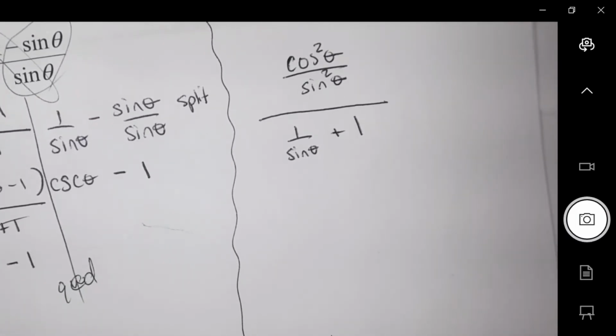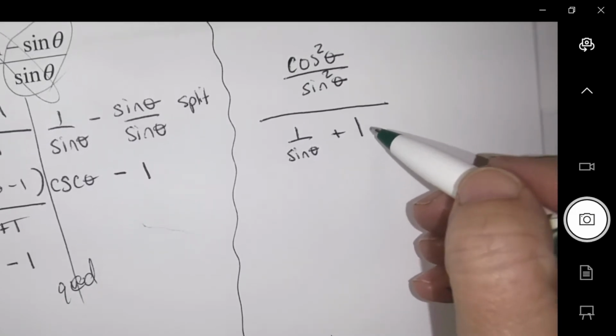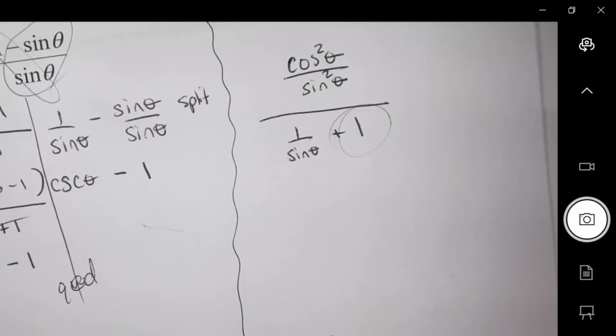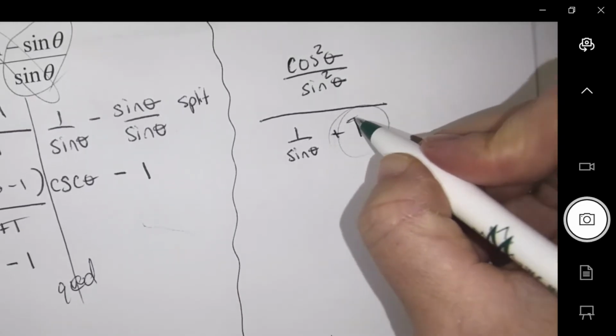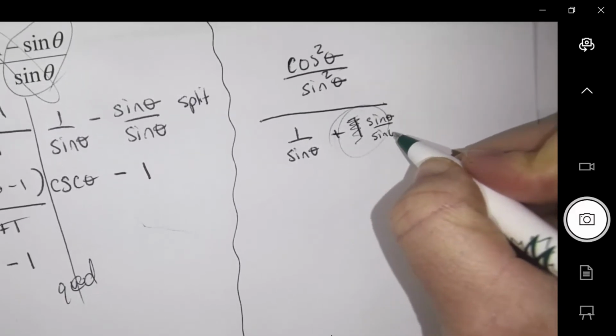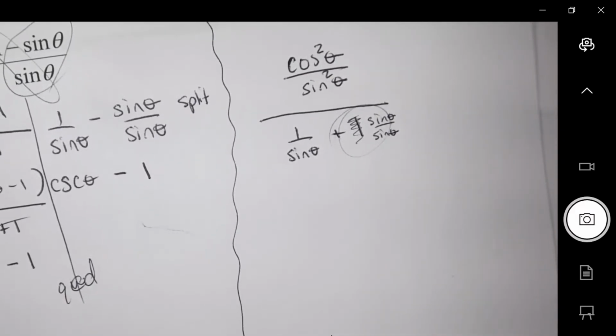Okay, if I had been a person who just started like this, because that was my instinct, let's see what happens. Let's put this together with that. Are you okay if I replace 1 with sine theta over sine theta so that I can make it with the same bottom? So I'm going to be putting that together.